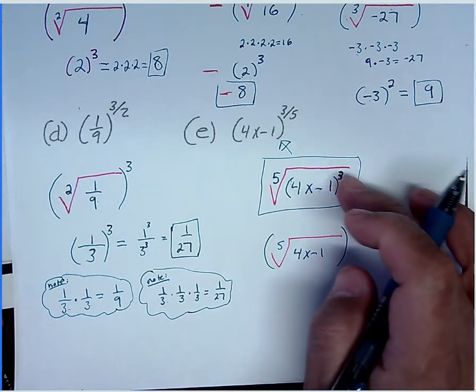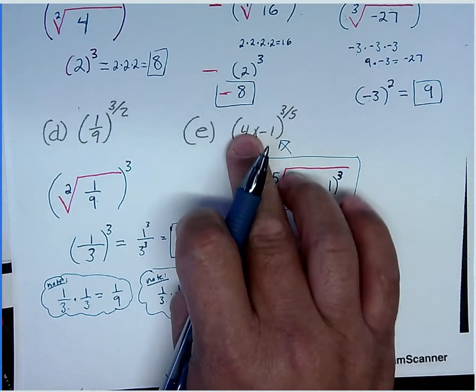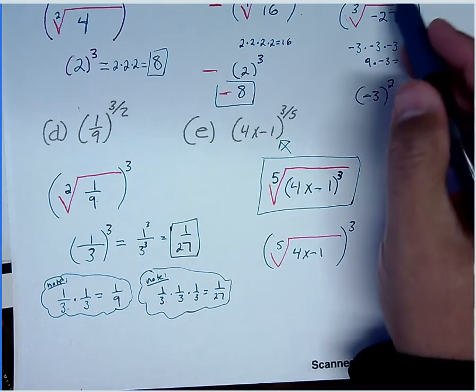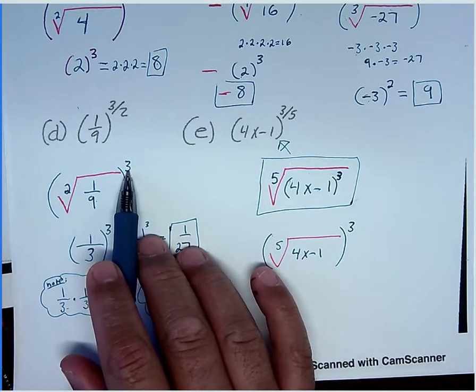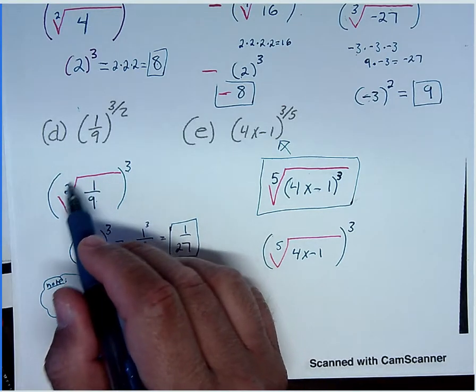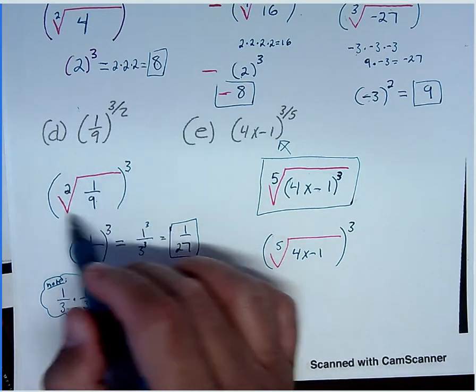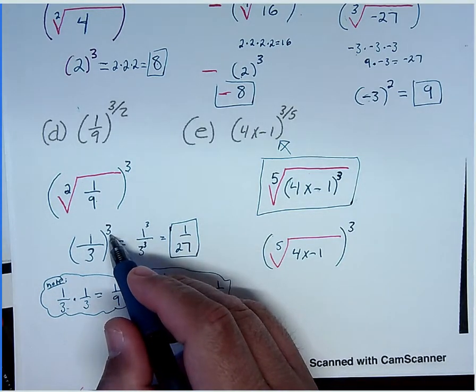It just makes sense for you to write the answer like this for this type when you see that. The other ones, if you notice, were just numbers inside, so that's why we left the exponent outside, because it was easier for us to simplify the radical first and then do the exponent at the end.